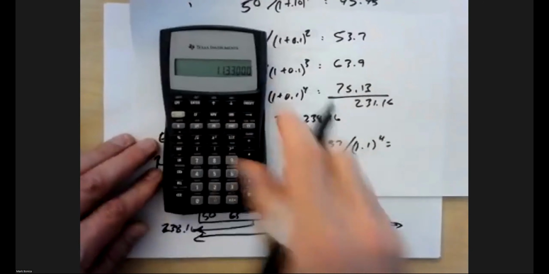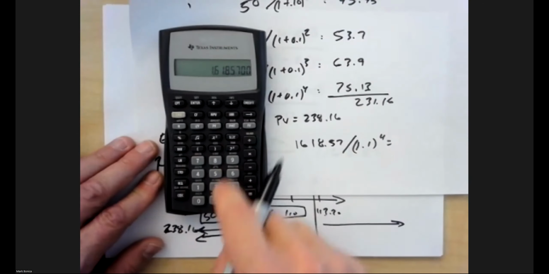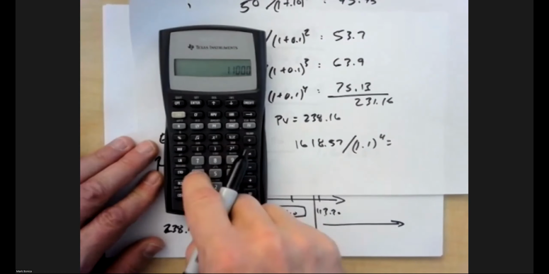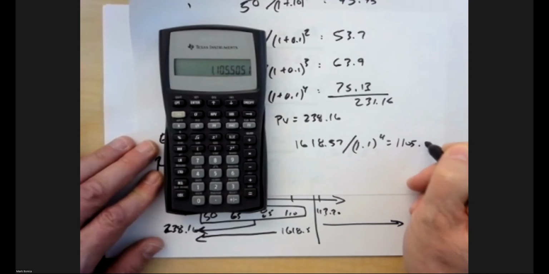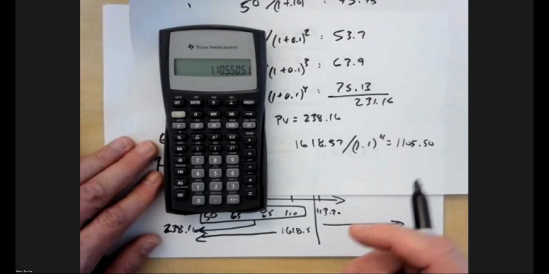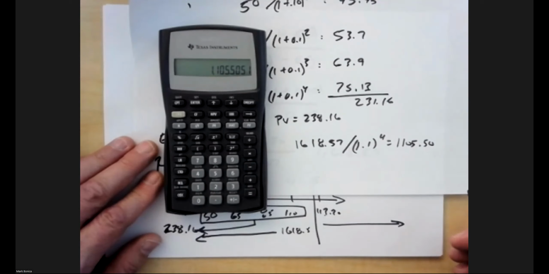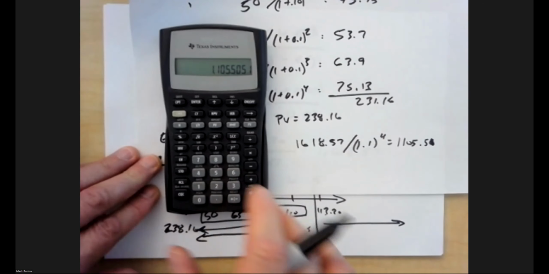That's one way I can do it. 1105.51 would probably be more accurate. Not that the pennies matter in this case. So that's one way I could do it.